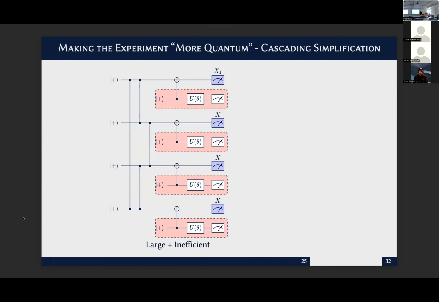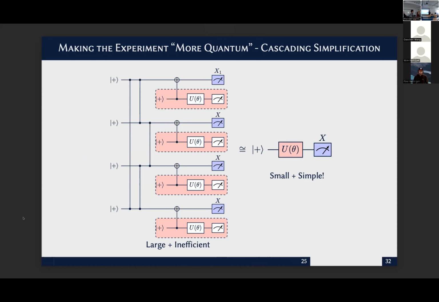However, it turns out that this fairly large and inefficient circuit, shown here for the case of the local magnetic field measurement, reduces to the repeated running of just a single qubit circuit and then the post-processing and batching of the outcomes.